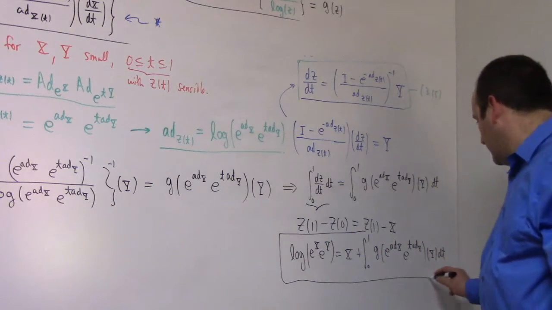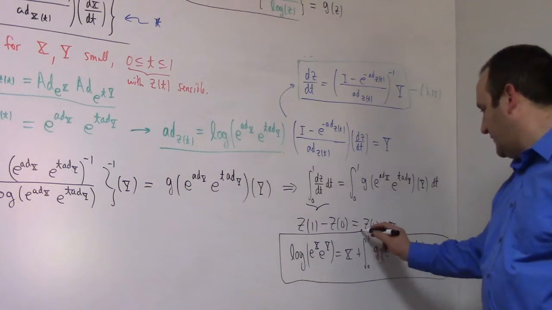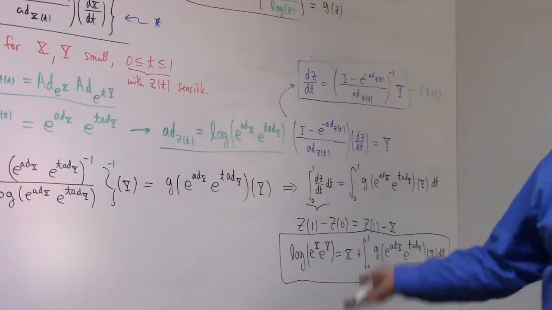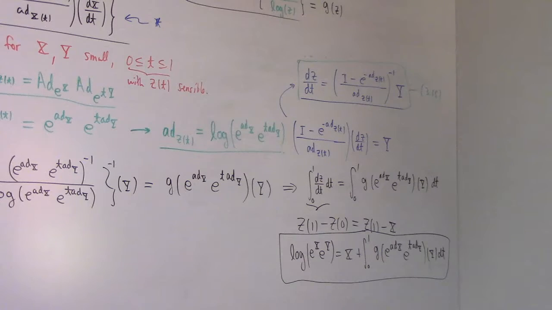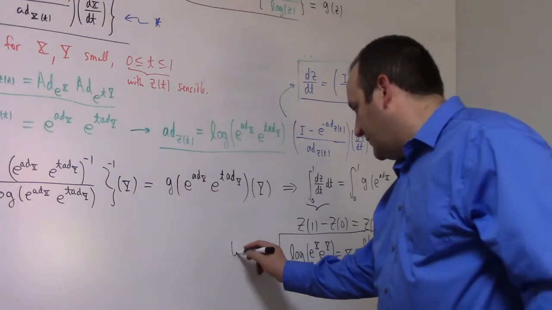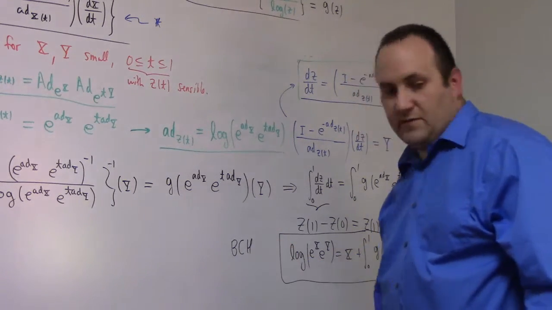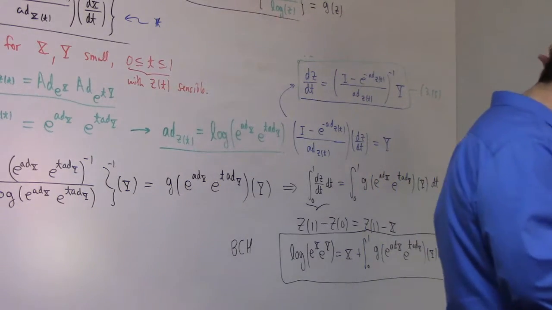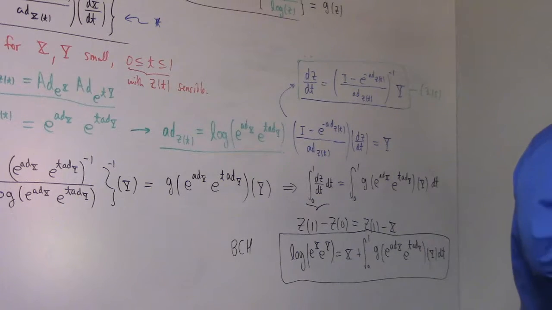You introduce a parameter t next to the y, e to the ty, and then you can differentiate it and use all this various sneaky business in order to derive that identity. This is a version of the Baker-Campbell-Hausdorff relation. It's not what I usually call the Baker-Campbell-Hausdorff relation by any means, but anyway, there it is. All right.